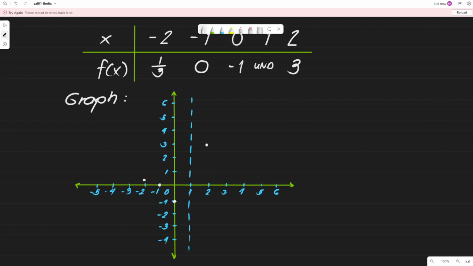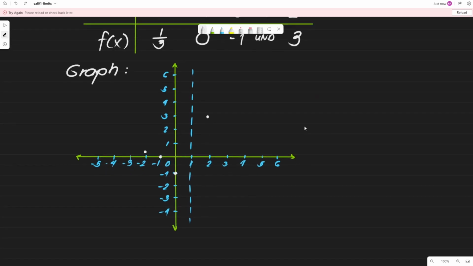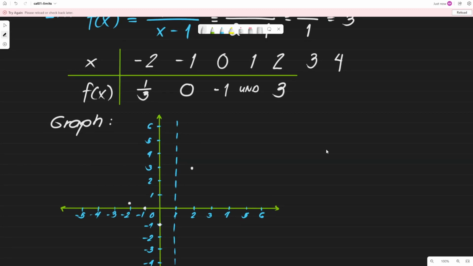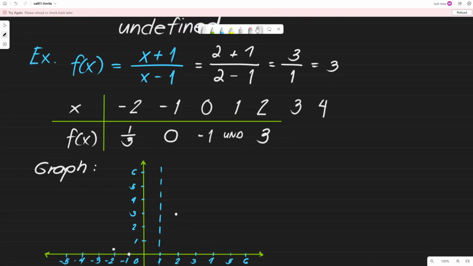So if we are going to graph, let's add a few more points, let's say 3 and 4, just to supplement the right side of our graph. For 3, this will become 4 over 2, so that is simply 2.